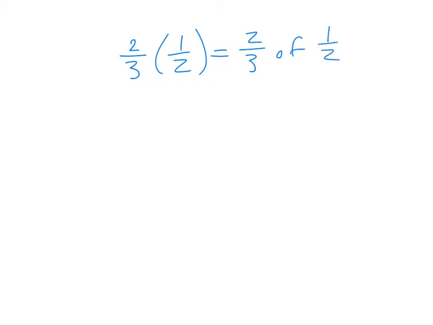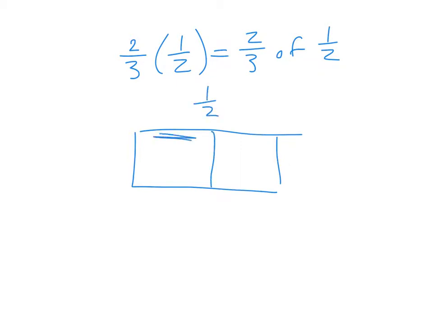So what if you had 2/3 of 1/2? So 2/3 times 1/2 is the same as saying 2/3 of 1/2. So again, think about what that's saying. We have half of something. There's our half.